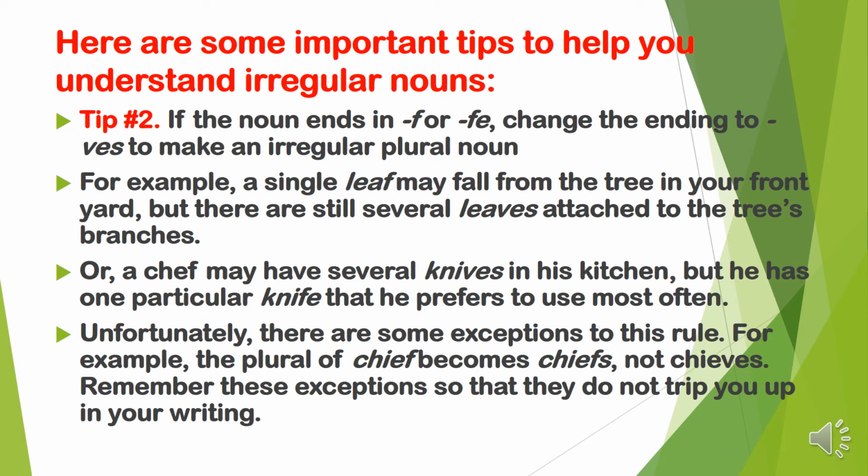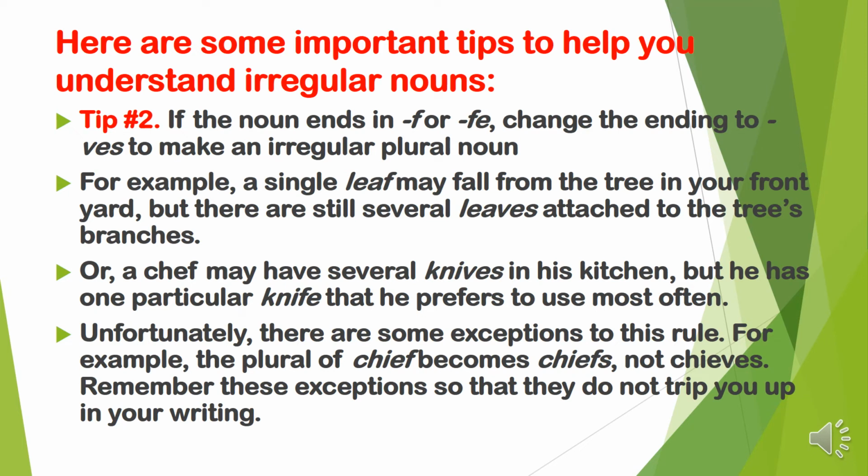Next, let's proceed to tip number 2. Here are some other important tips to help you, my dear viewers, understand irregular nouns easily. Tip number 2: if nouns end in F or FE, we change the ending to VES to make an irregular plural noun. For example, a single leaf may fall from the tree in your front yard, but there are still several leaves attached to the tree's branches.